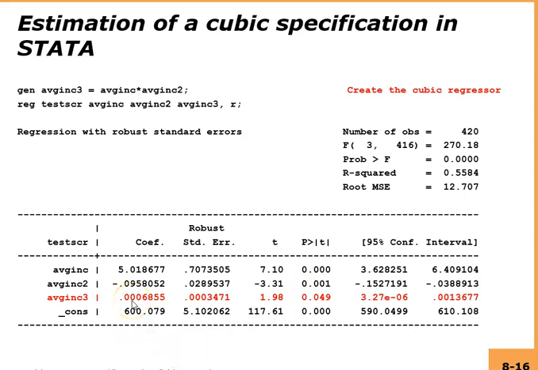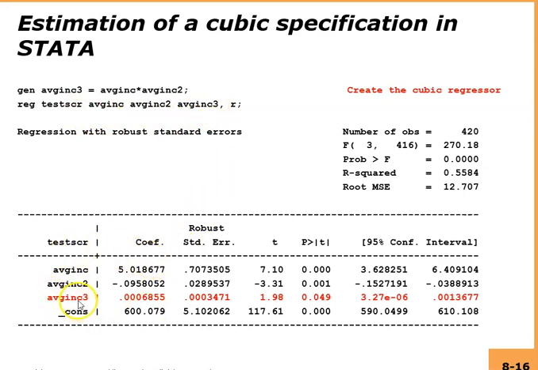So in this example in STATA, we are also including a cubic term in the regression equation. We first created the AVG-INC3 variable, and then we are including that in the regression equation as well, and these are the results of that.